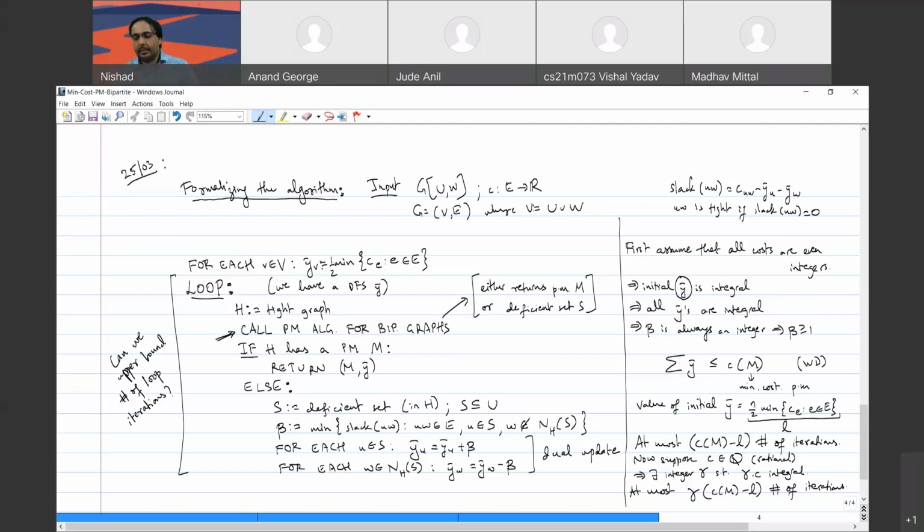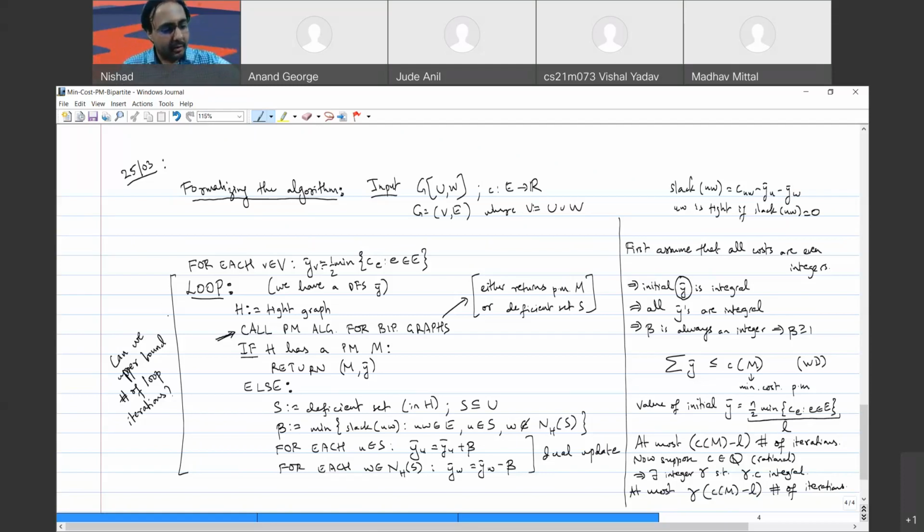The point is it will terminate, right? Because there is a certain value of gamma, and the cost of M minus L is a certain value. So the point of this discussion is that the algorithm will terminate in so many iterations, and the time complexity will be big O of this times the complexity of the perfect matching algorithm for bipartite graphs.